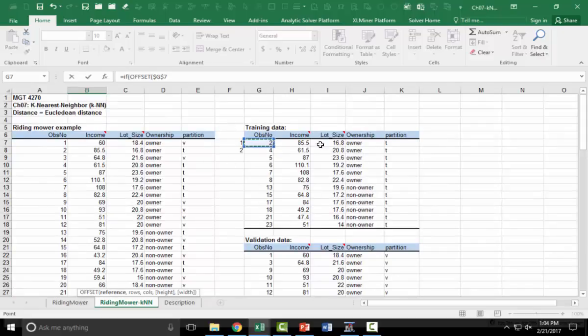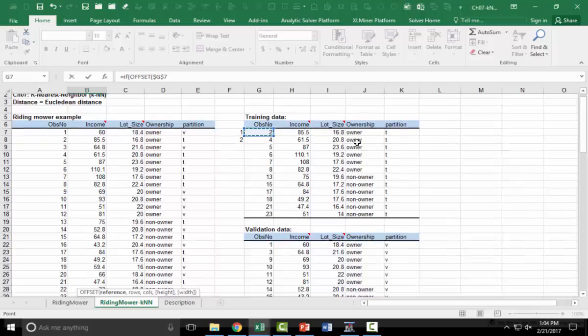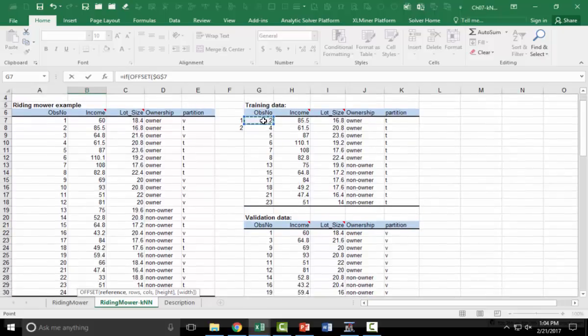So across for ownership is 1, 2, 3. Okay, that's 3. How many cells down? If it is the same row like G7, then you don't go down at all.